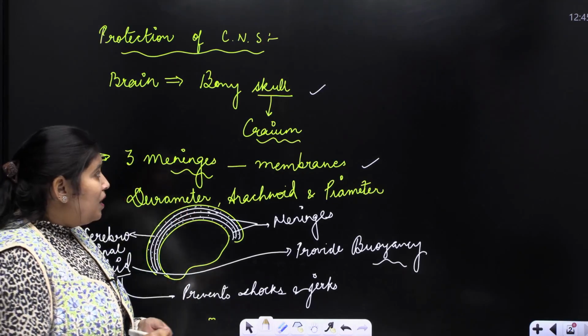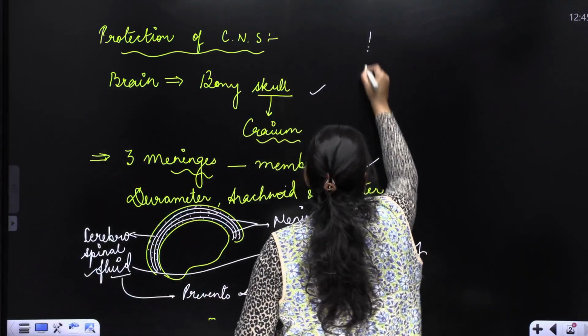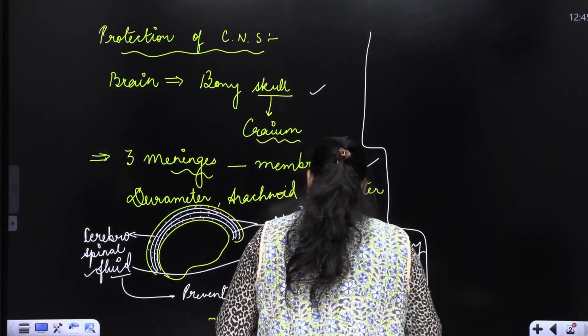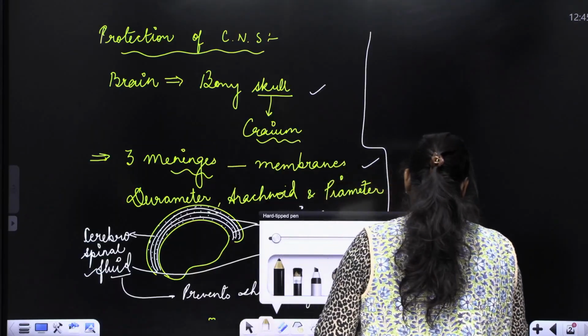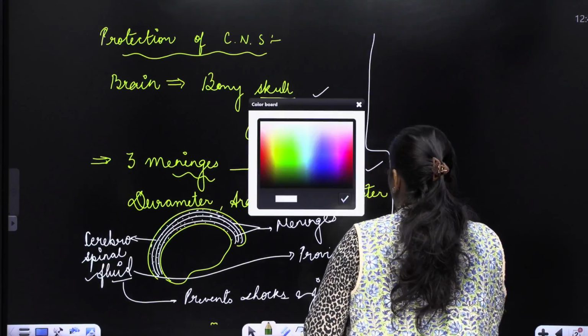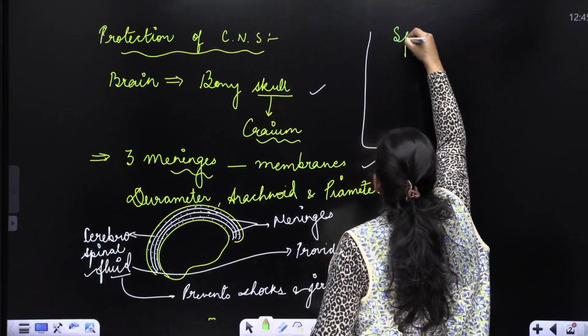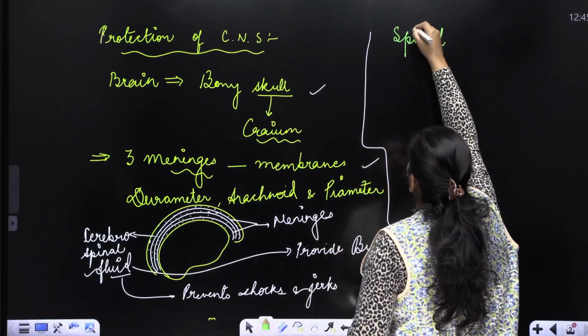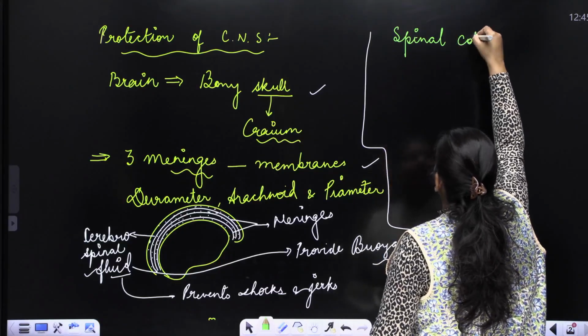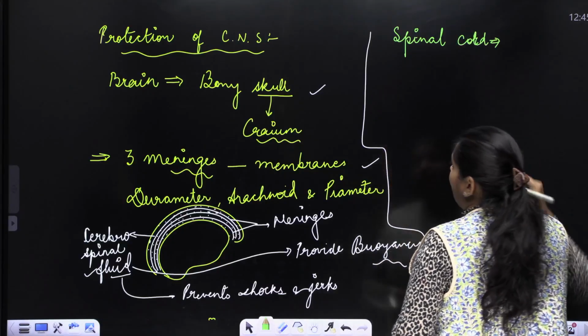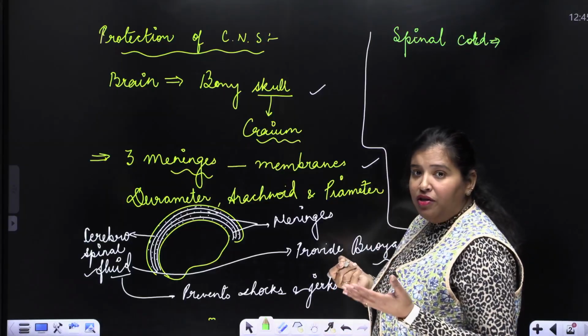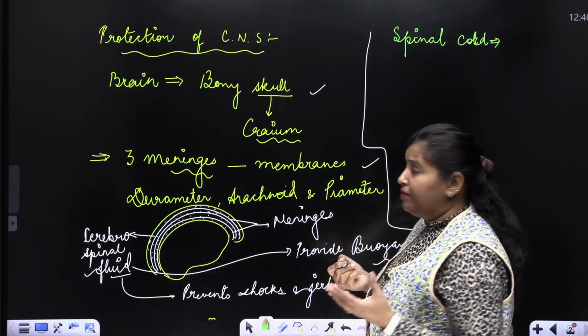Clear? Similarly, the same level of protection is provided to the spinal cord. The spinal cord is again a delicate structure made up of nerves, all the nerves which arise from the brain, right?